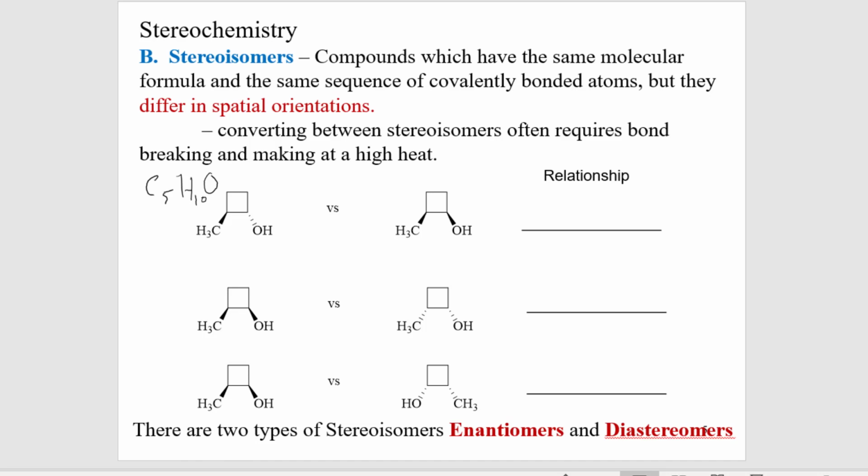And they are all a cyclobutane. Longest parent chain is cyclobutane. And starting with the alcohol at 1, for every single one of these, the alcohol is at 1. The methyl is at 2.